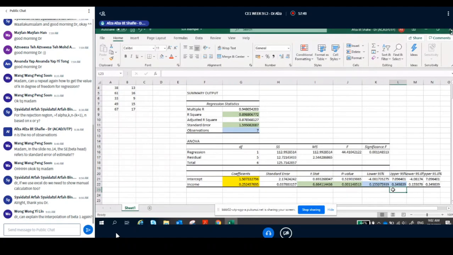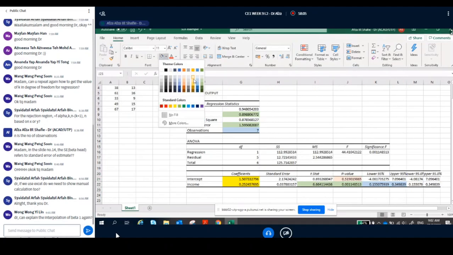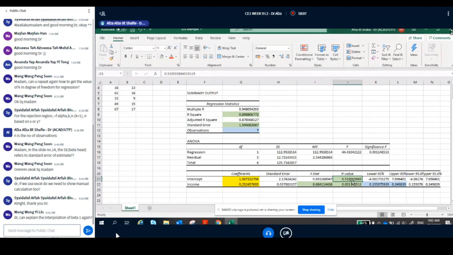Because you notice that beta 1 equal to 0 does not lie in this interval, for that reason we reject the H naught. But in the intercept, because the p value is 0.15, it will not be significant, and it's reflected in the CI because this goes from -4 to 7, so you will cross the 0.